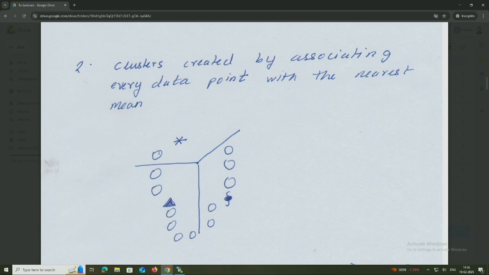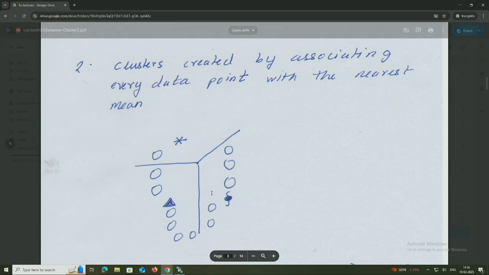There is only 1 point, so this will become the mean. So the first mean will shift here. Then if you look at these set of points, 1, 2, 3, 4, 5, 6, in a two-dimensional space, assuming that this is two-dimensional, this is not an n-dimensional space, where would the mean value shift?